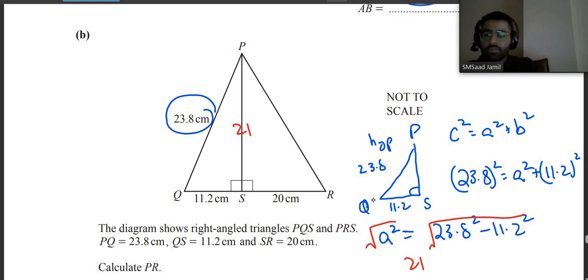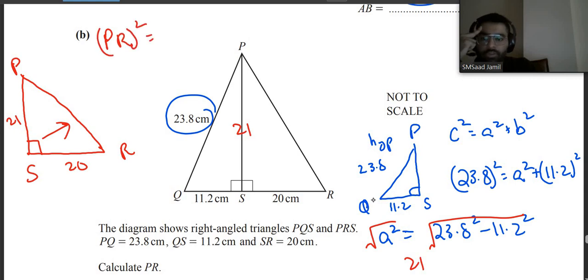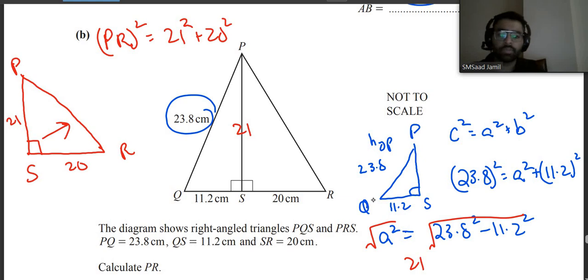Now we will solve it again because we want to find PR, and PR isn't easy to find. This side is 21. This side is 20. Again, what's the hypotenuse? PR. So for your sake, I'll write PR whole square is equal to 21 square plus 20 square, because c square is equal to a square plus b square.